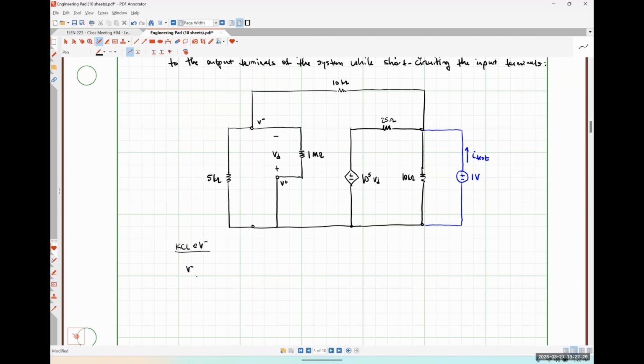So I would have V minus over 5 kilo ohms plus V minus over 1 mega ohm, since V plus is grounded out, plus V minus minus 1 volt over 10 kilo ohms is equal to 0. And when I solve that for V minus, I got 0.322 volts.